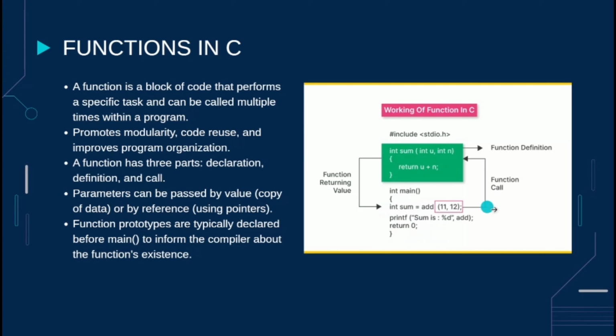So whenever the function is being called, it goes to that particular function, executes the set of codes, and then returns back to the main program. So in this way, it offers modularity and code reusability, making the program more organized and structured in its own way. And function prototypes are typically declared before the main function to inform the compiler about the function's existence.